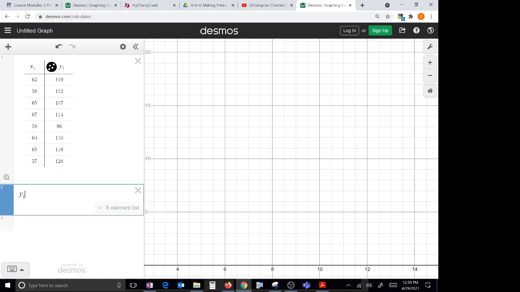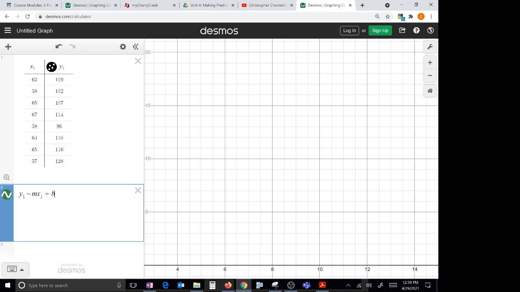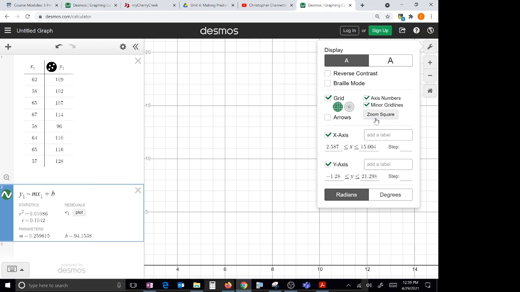So y1 tilde mx1 plus b. Okay, so we can't see our line or our data, so we should go to our wrench here and change our x values. Our lowest x value looks like 57, so maybe we make our lowest x value 50.